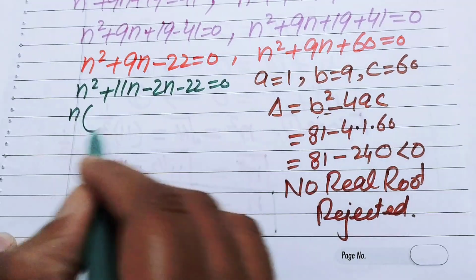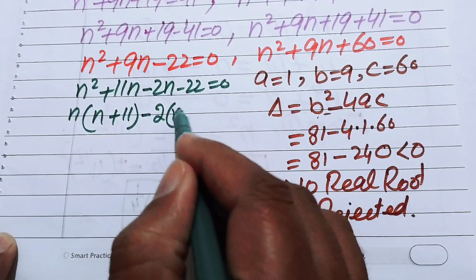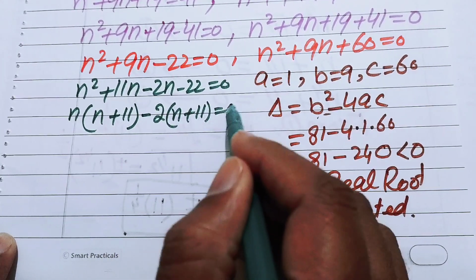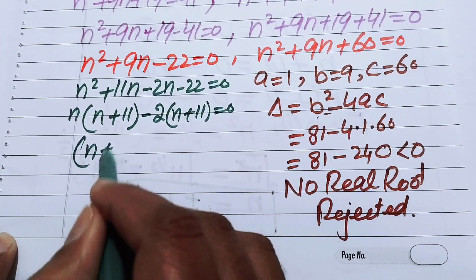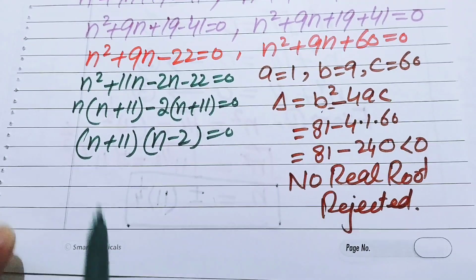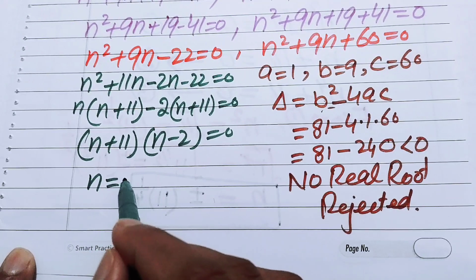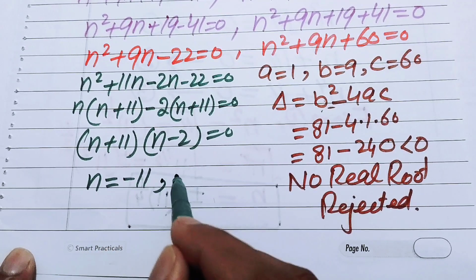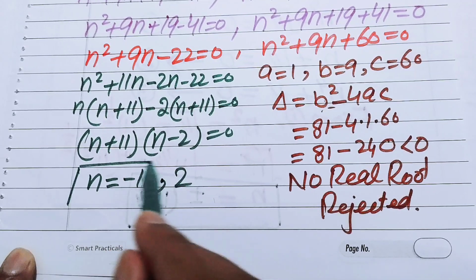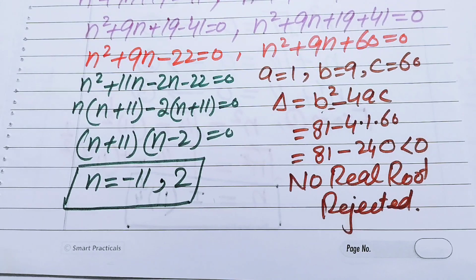So here we take n common and you get n plus 11, and we take minus 2 common and you get n plus 11, equals 0. And we get n plus 11 times n minus 2 equals 0. So we have the two roots of this equation. The first is n equals minus 11 and the second root is n equals 2. So this is our final answer to this problem.